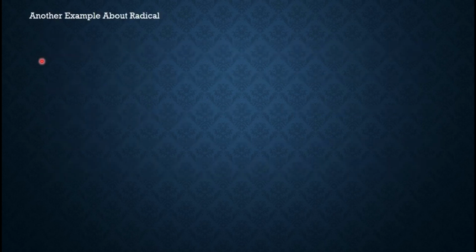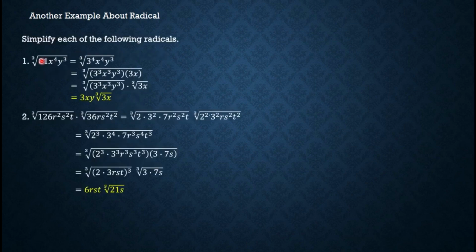Let's talk about another example, the radical. Okay, simplify each of the following radicals. So we have a solution here. Example, cube root of 81 x to the 4th y cubed is equal to the cube root of 3 to the 4 x to the 4 y to the 4 cubed.